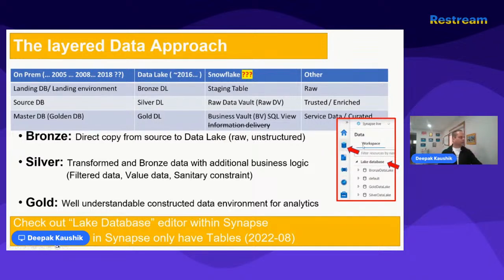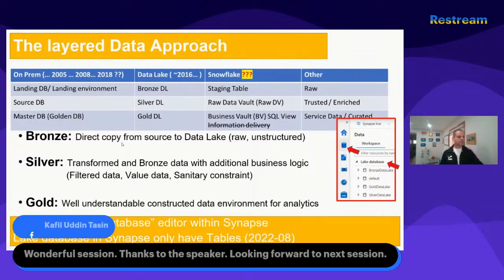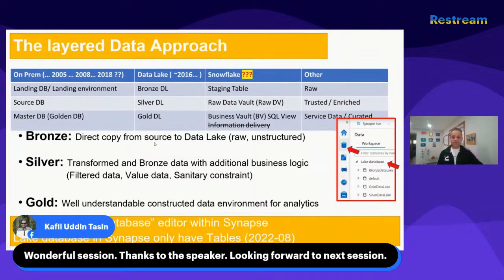And if you look over this workspace, it has bronze, gold, silver, the same thing, which is from our Azure environment. You could see over here. So bronze is a direct copy of source data, and silver is transformation of bronze data with additional business logic, and gold is kind of a gold mine, where you have the purest form of data which is available to give to the data scientists for AI and analytics and do all that incredible stuff.